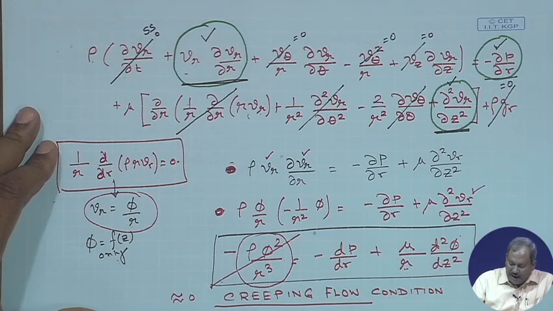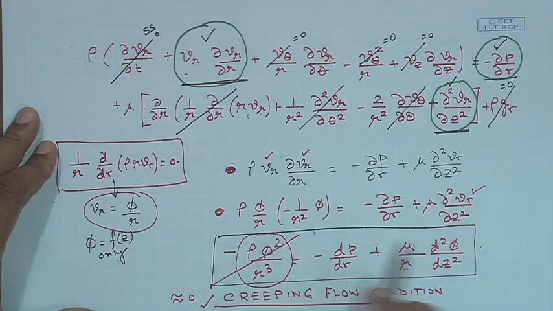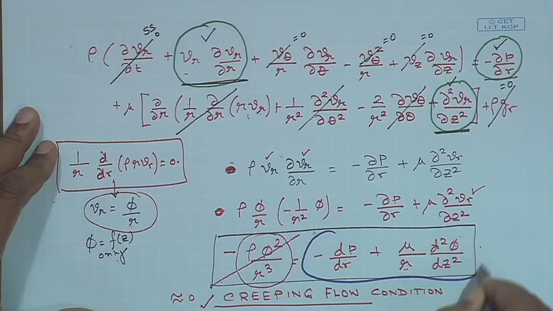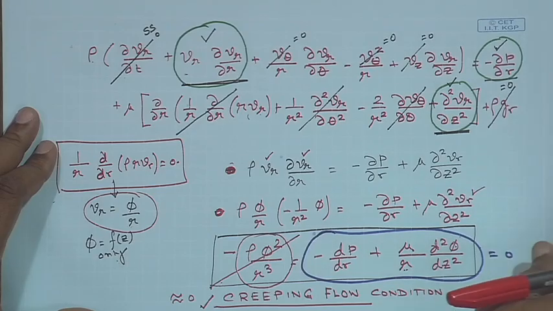So, the analysis that we are going to do from this point onwards is only valid for creeping flow or close to creeping flow solution, where the nonlinear term can be dropped. So, my governing equation then becomes only this is equal to 0, since the left hand side I have made equal to 0 by assuming it is a close to creeping flow situation.